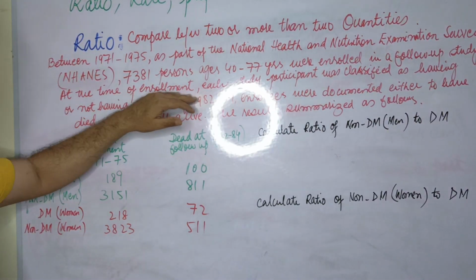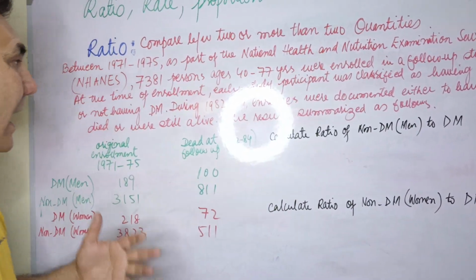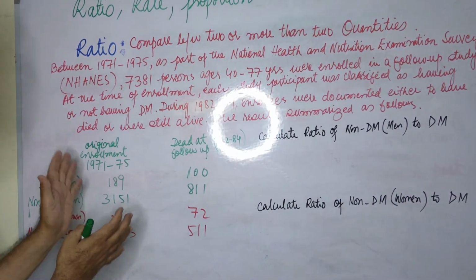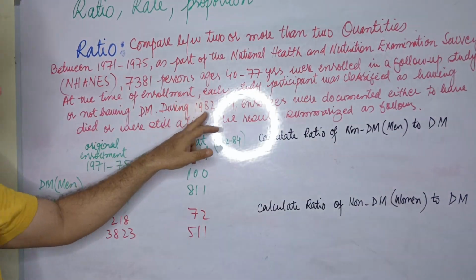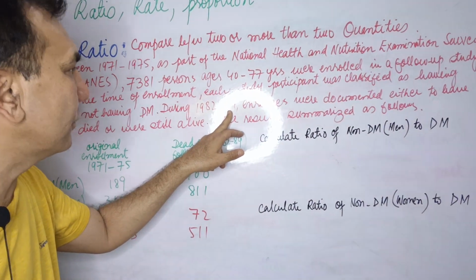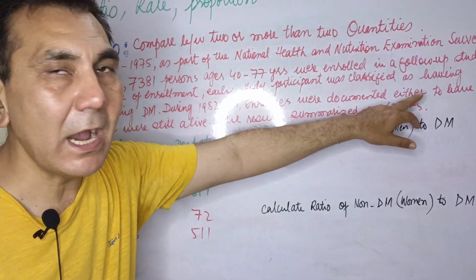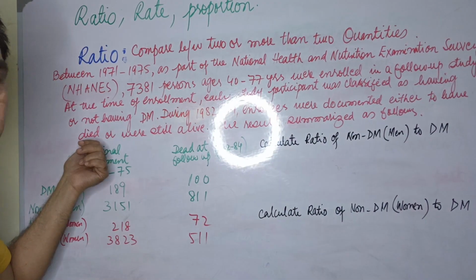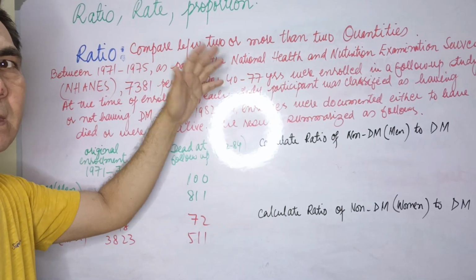At the time of enrollment, each study participant was classified as having diabetes mellitus or not having diabetes mellitus. During the 1982 to 84 follow-up study, enrollees were documented either to have died or to be still alive among the diabetic and non-diabetic.